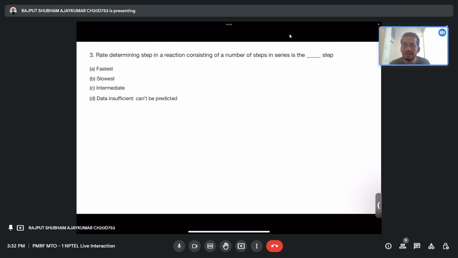So similarly, the rate determining step. Like here, I can give an example of the catalytic activity of some catalyst.